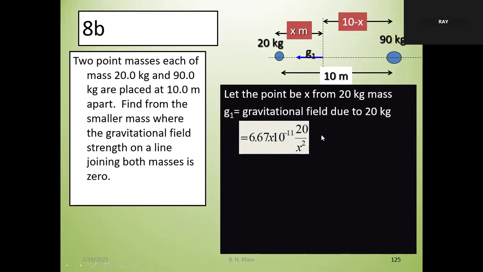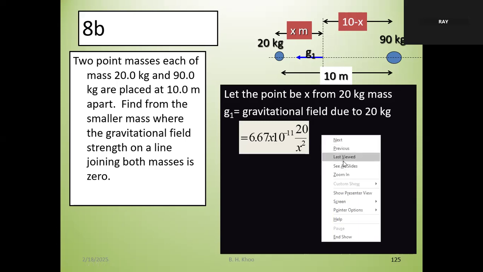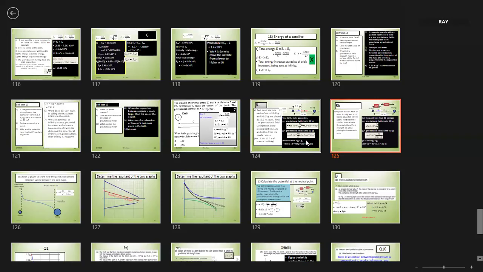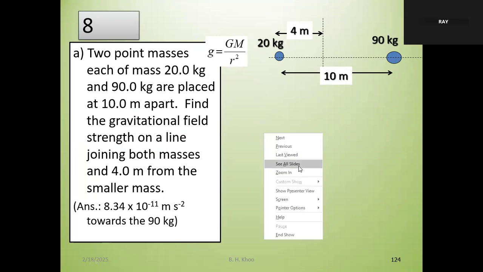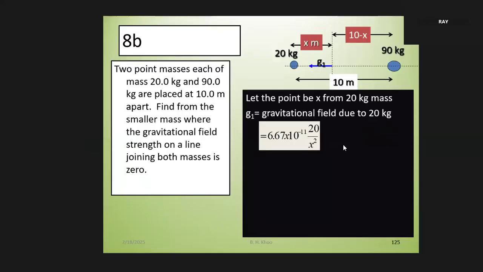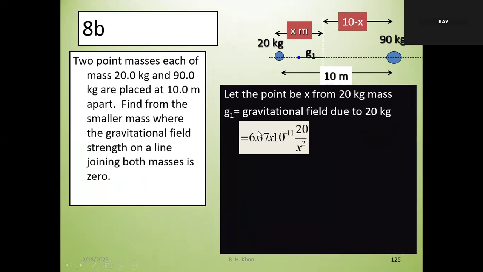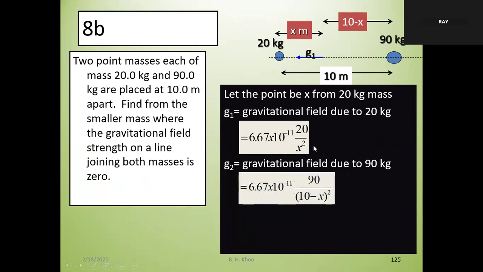Okay, we are basically using this formula that you are supposed to memorize. Calculate g1 = G·20/x², and after that calculate g2 = G·90/(10 − x)², that is your distance.